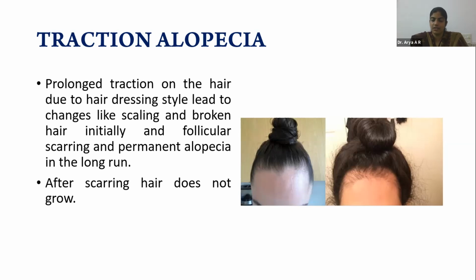Once there is scarring, no more hair will grow there. Initially the hair will start to break and then it leads to alopecia. So after scarring, hair does not grow over there. This is the condition called traction alopecia.